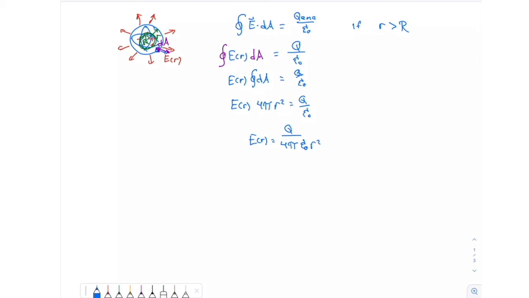That's just the magnitude. I already know something about the direction. I said it was pointing outwards, so let me add that in. It's radially outwards. And let me remind myself that this is only if I'm enclosing all of the charge, if I'm considering a point that's outside of my charge distribution.